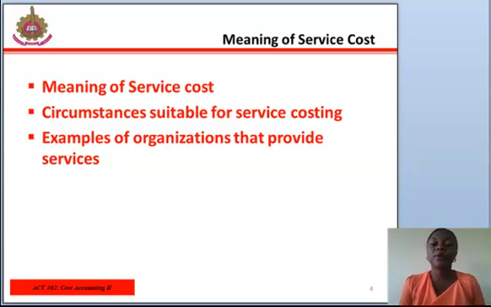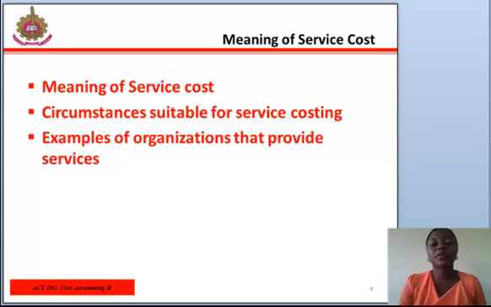For calculating the price of each service, it is necessary to collect all the expenses relating to that service. Hence, a service cost sheet is prepared, which tracks all the costs that are related to a specific service. These costs are usually calculated on a time basis.